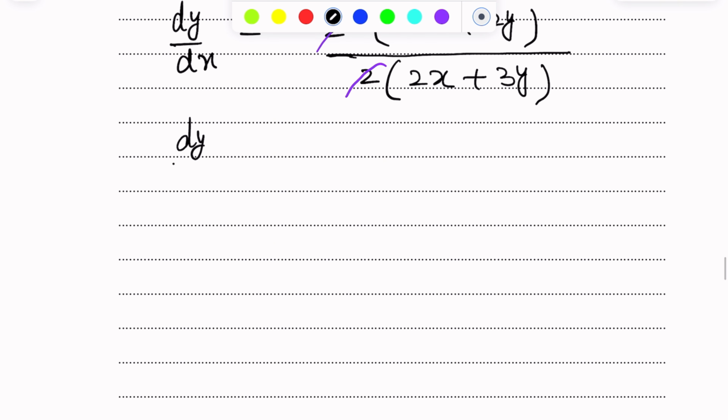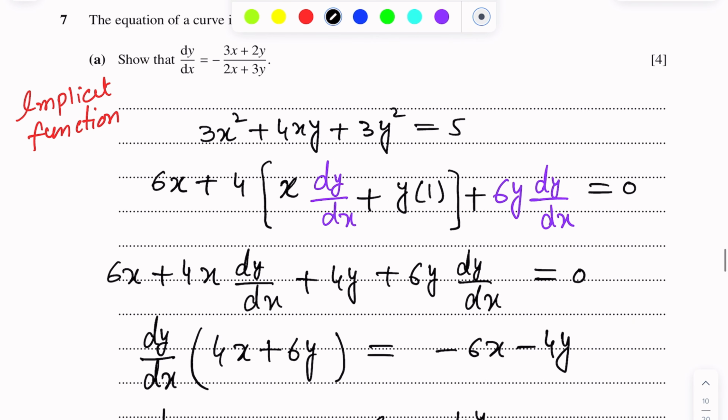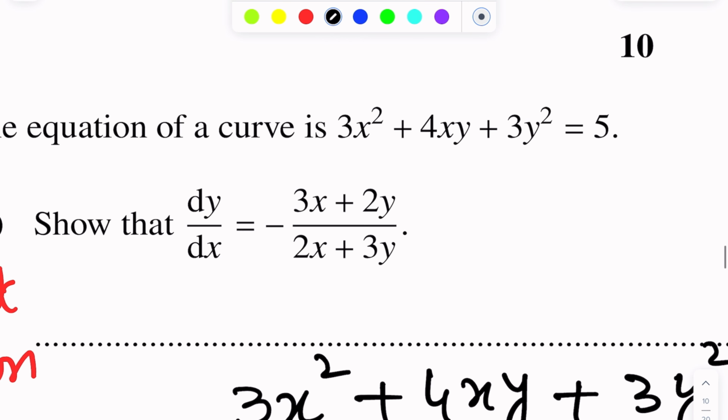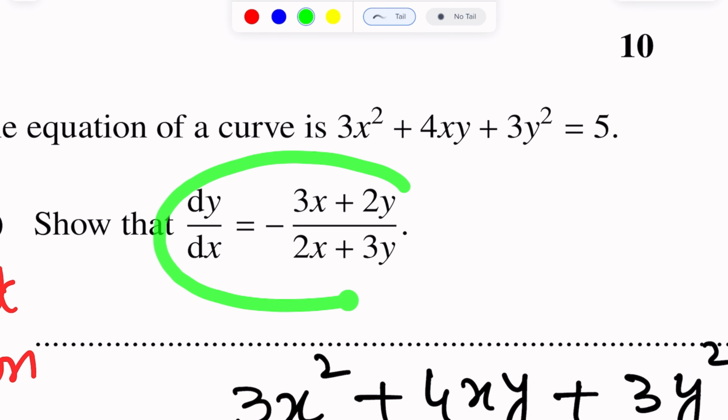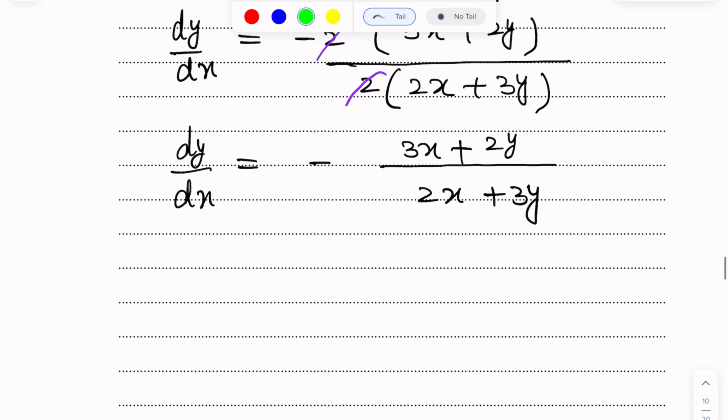Finally we get dy over dx is equal to minus (3x plus 2y) over (2x plus 3y). This is shown. We had to show that dy by dx is equal to this, so clearly we have shown it.